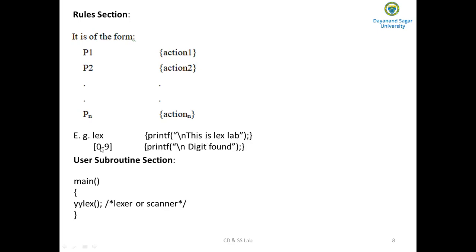Similarly, for another rule, the pattern is written as 0 to 9 inside square brackets. This is the expression used to describe the token, and the action is printf digit found. The meaning of this rule is that it will look for any digit within the range 0 to 9, and whenever a match is found, it will print the message.